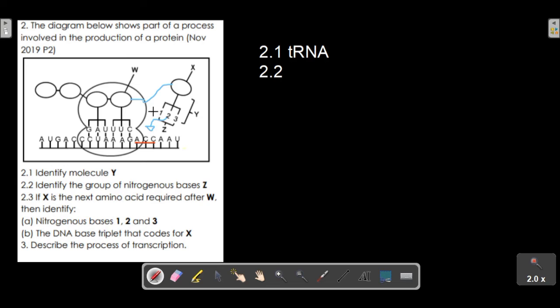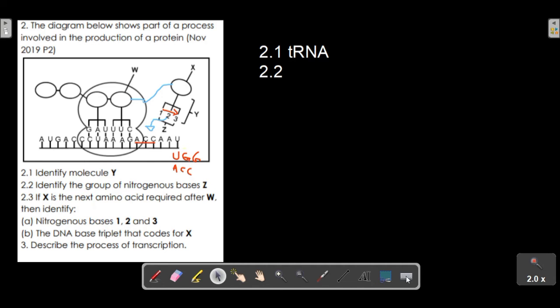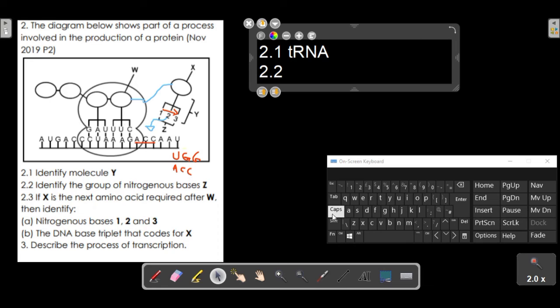So we're looking for the anticodon. So this is ACC, and we are going from left to right like that. That's 1, all the way to 3 to the right. So for A, it's going to be U, for C, that's G, and for another C, that's G. Okay, so we're going with ACC, right?